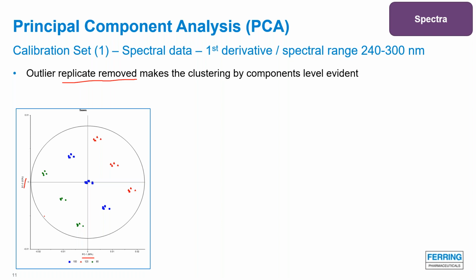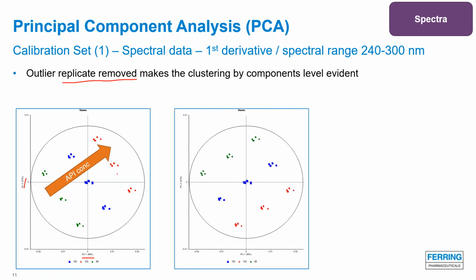And I have here only colored the plots according to the API concentration. And clearly what we see is that the API concentration is growing from the left to the top right corner of this graph. If I redo the same graph, but now using the preservative concentration as a coloring indicator, then we see that we have another direction which is orthogonal to the first one, describing the preservative concentration.